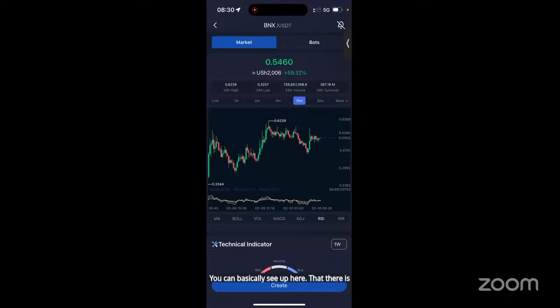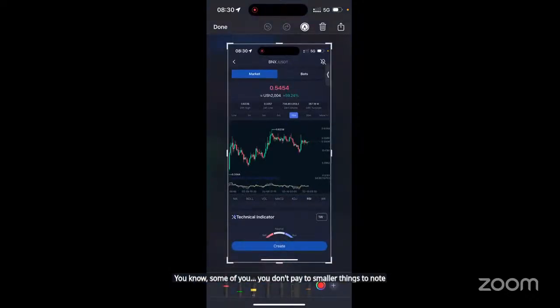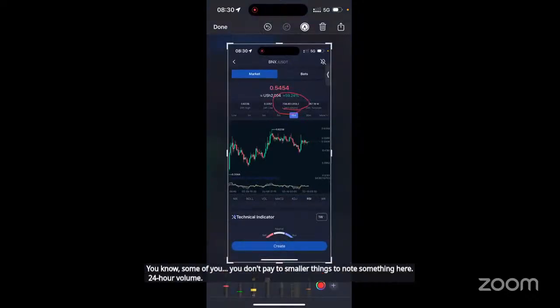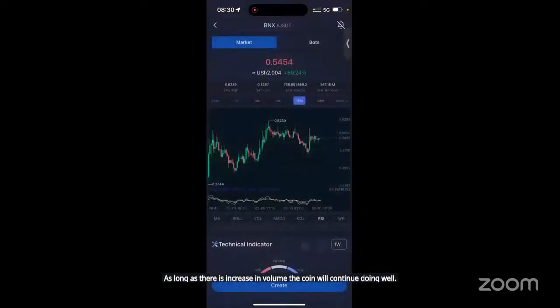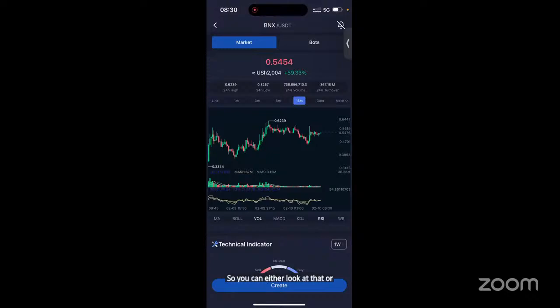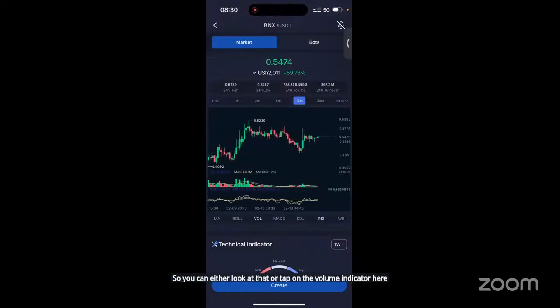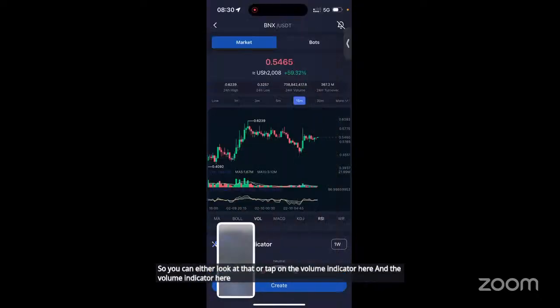Look here, friends. You want to trade a coin. Some of you don't pay attention to small things. Note the 24-hour volume. As long as there is an increase in volume, the coin will continue doing well. So you can either look at that or tap on the volume indicator here, and the volume indicator will be showing you.